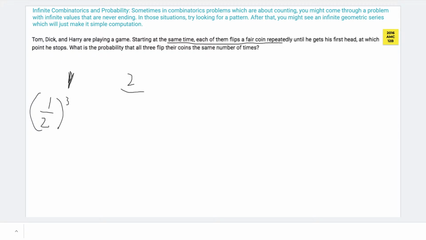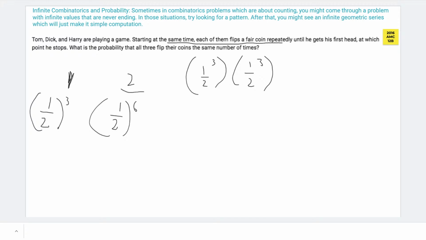So the probability that they will all fail is just 1/2 to the power of 3. Then you multiply this by the probability that they'll all succeed, which is 1/2 to the power of 3. And in this case, we can just add the exponents to get 1/2 to the power of 6, because we do not care what they get in the first try, and there's just a half probability of each case.